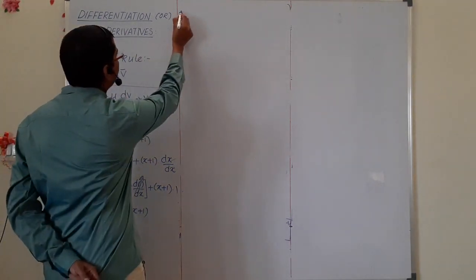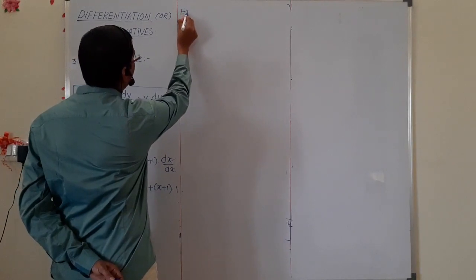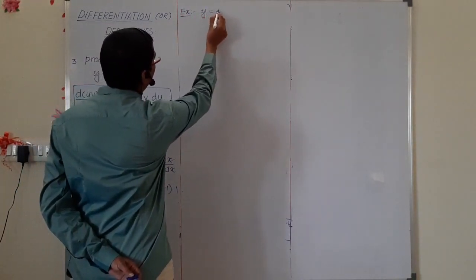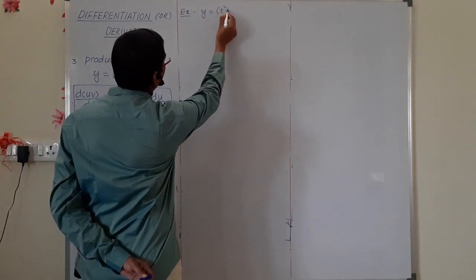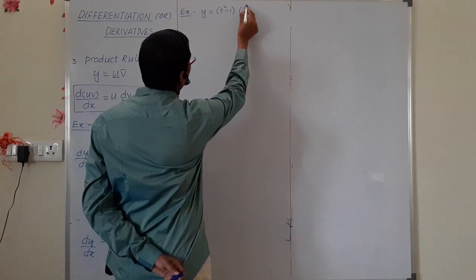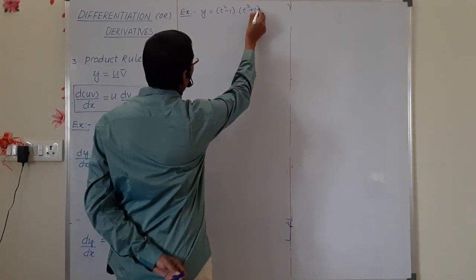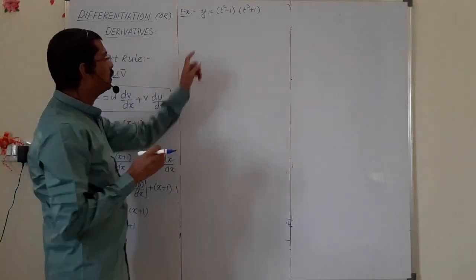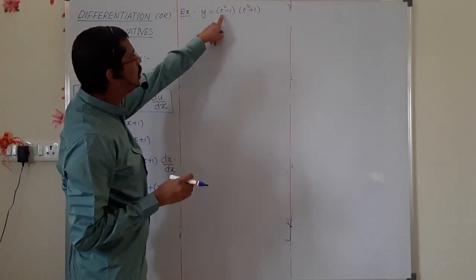Now another one, I will give another example. y equals t square minus 1 into t cube plus 1. Now you have to observe one thing. y is a function of time.